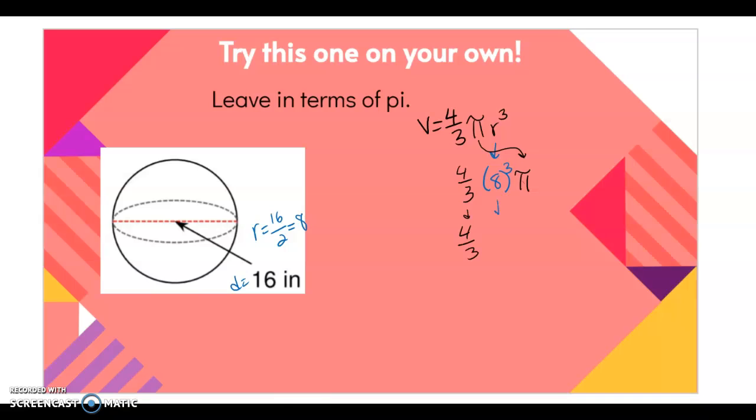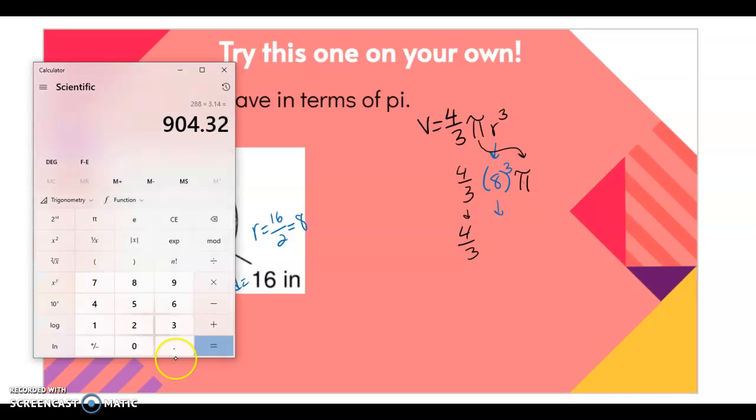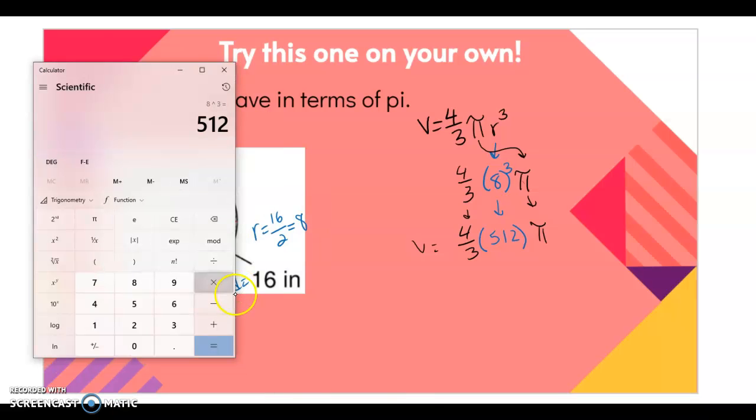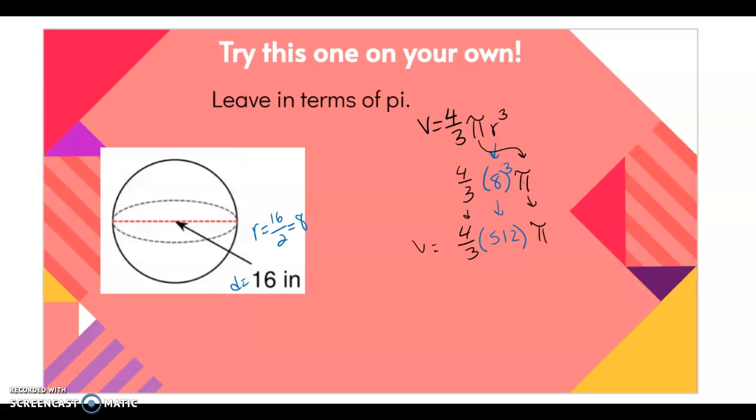So 8 times 8 is 64. So 8 to the power of 3 is going to be 512. Leave pi alone. Alright, so now what I can do is take my 512, multiply it by this 4, and get 2048.